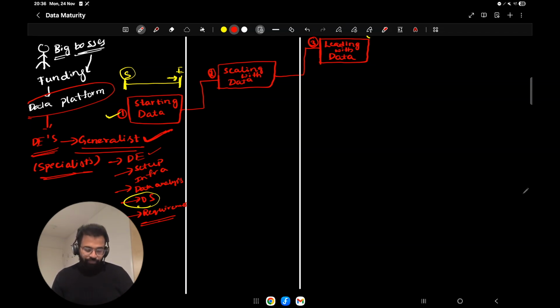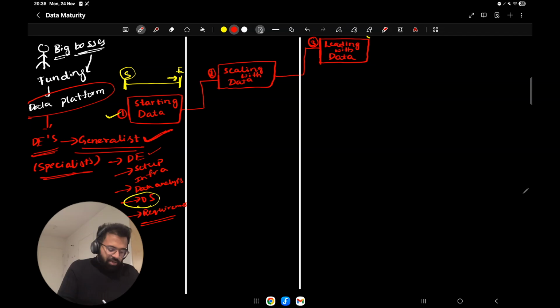And then one more important thing one needs to understand in this stage is that in these roles, it's still an experimentation phase. It's still a vague idea.